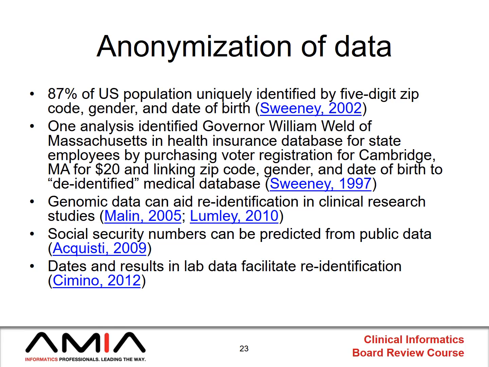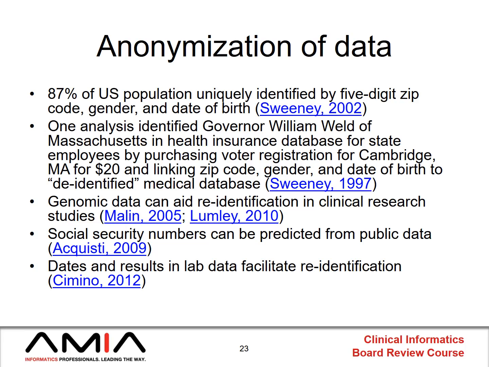There are also issues of genomic data, which is perhaps the ultimate identifier in that our genome is unique. And of course, having access to this data can aid in the re-identification of patients who take part in clinical research studies.